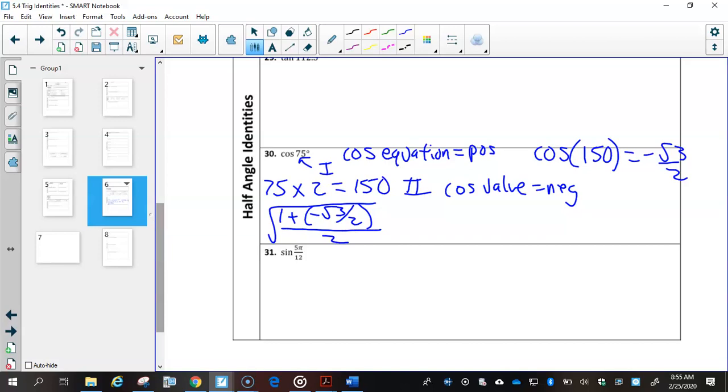So we need to combine our fractions. We have fractions within fractions, so simplify that. Once you get everything in that, everything else is just simplifying.